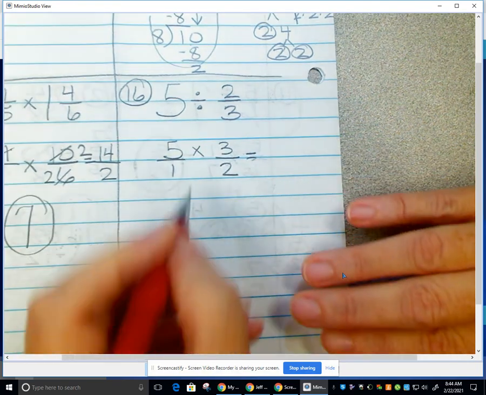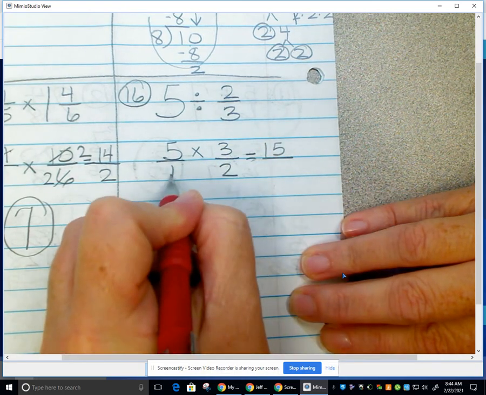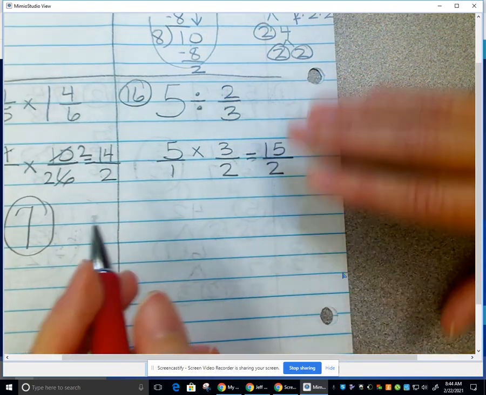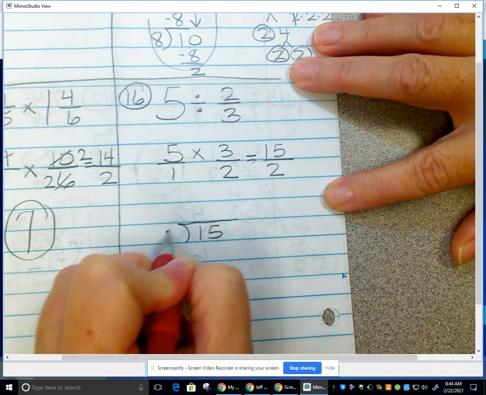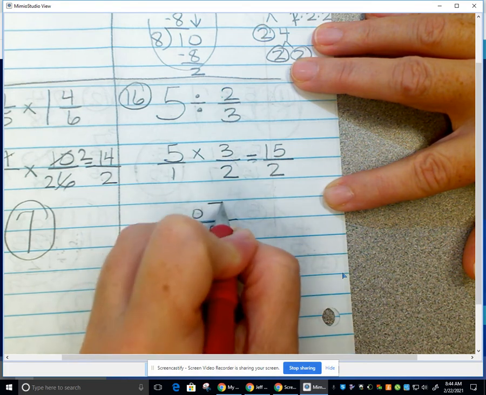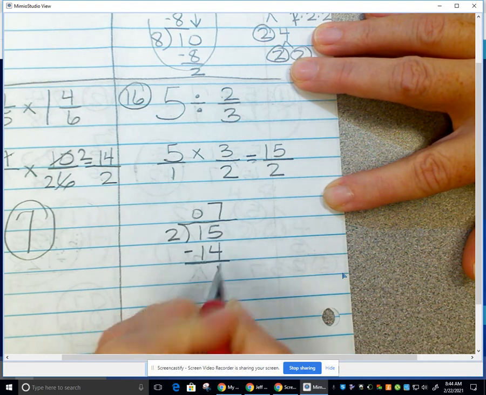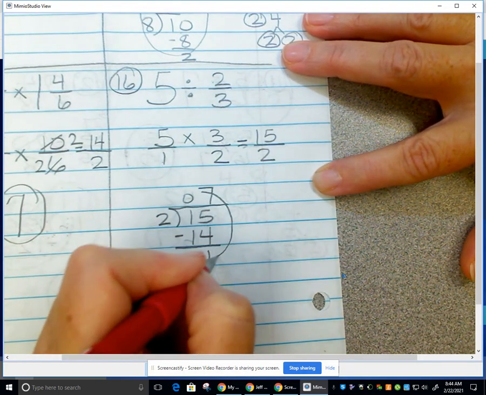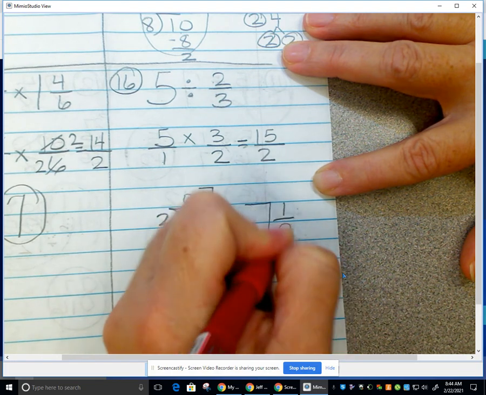These are small numbers, so I can go on across. 5 times 3 is 15. 1 times 2 is 2. It's improper. So 2 will go into 15. It won't go into 1. It'll go into 15 7 times. 2 times 7 is 14. Subtract 1, stop and rock. 7 1/2. And we know that's in simplest form because these are neighbors.